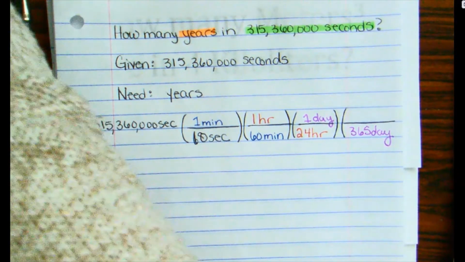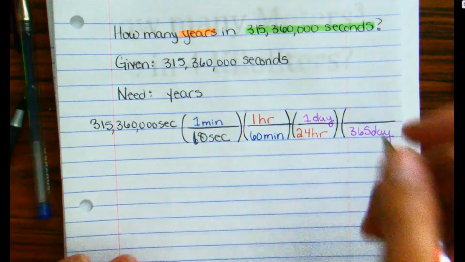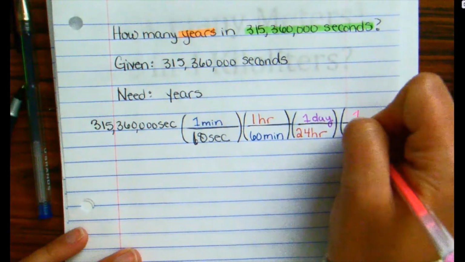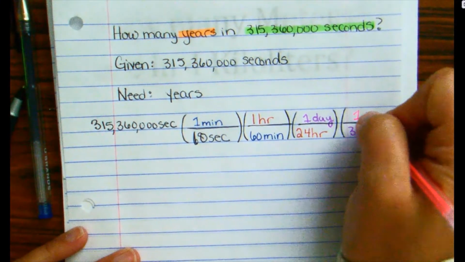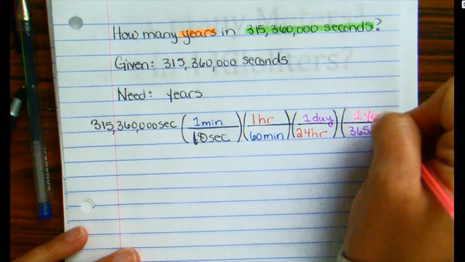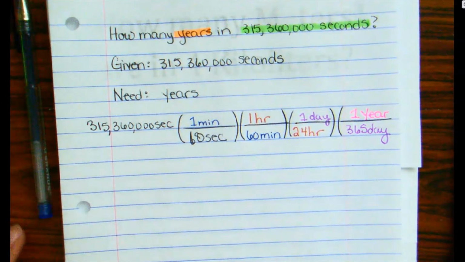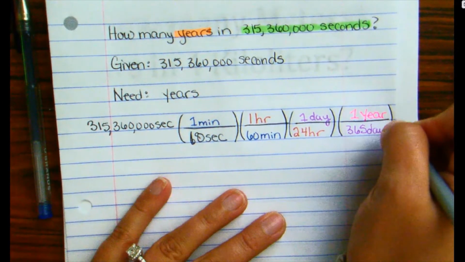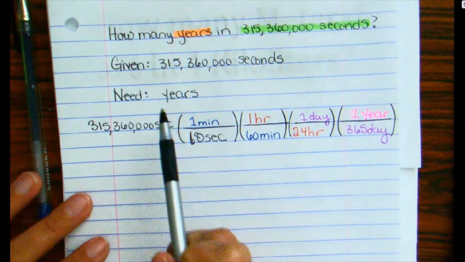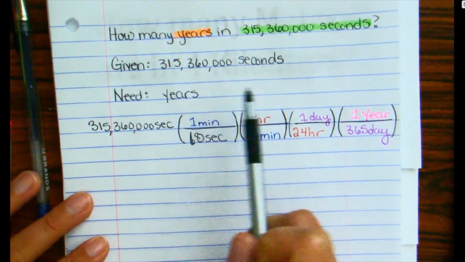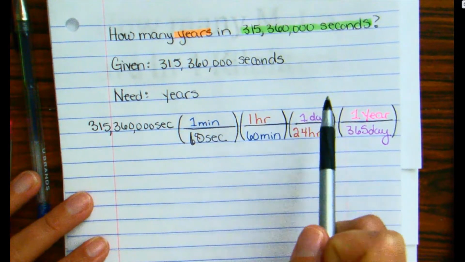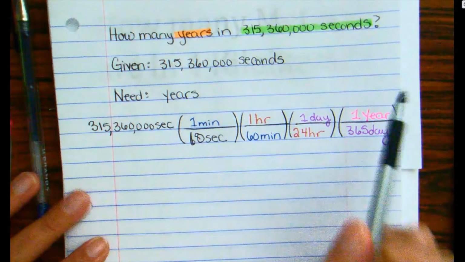I think this color is going to be different. I hope it is. Okay. And finally, we're at years. So that is a very good thing. So we've gone from seconds to minutes, minutes to hours, hours to days, days to years.